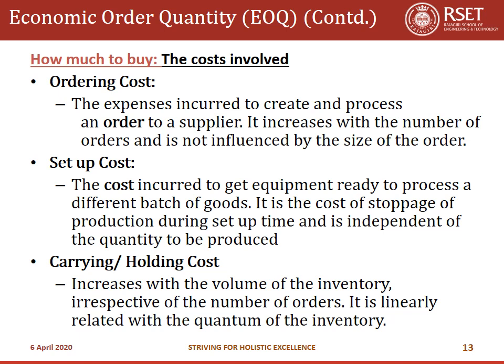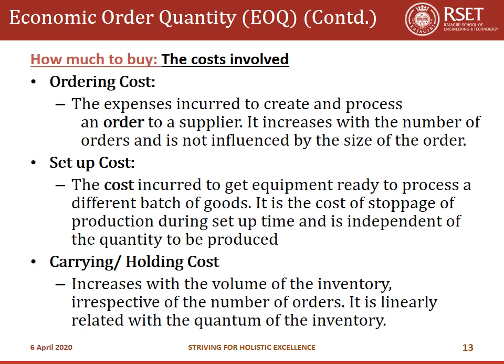So there is a small amount of time when no product is being produced by that equipment, and that is going to cost you, because time is very costly to you. Every equipment has it. There is going to be a time gap between 2 different batches of goods being provided into the production unit, and so that cost of stoppage to process the next batch of goods is known as setup cost.